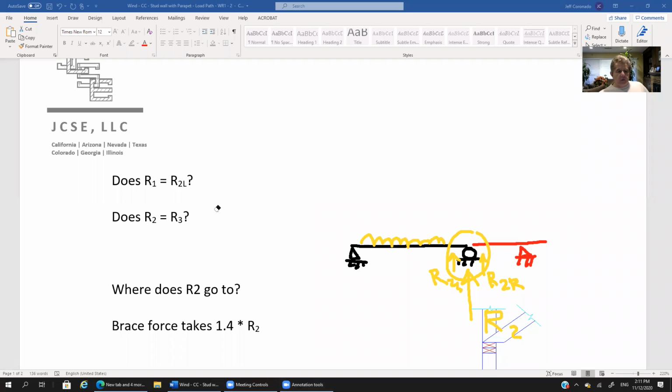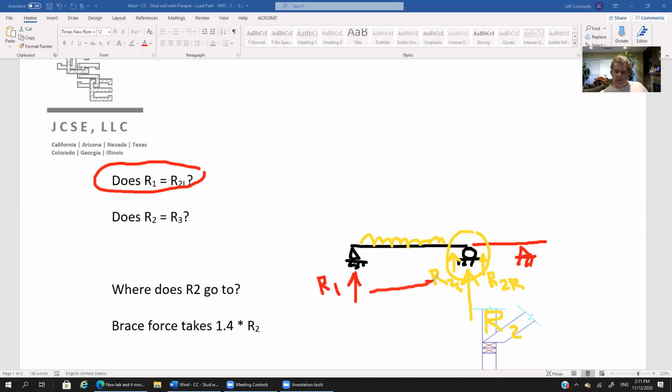Okay, so just a little bit of a tease here. Does R1 equal R2 left? So this is R1, this is our R1 reaction. Does R1 equal R2 left?